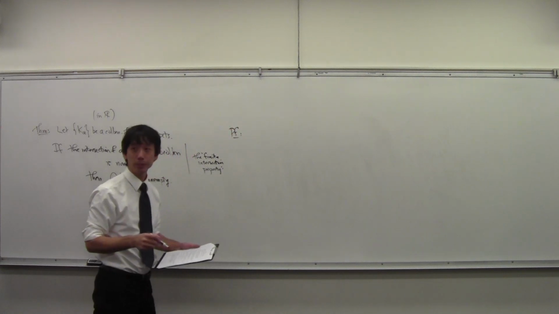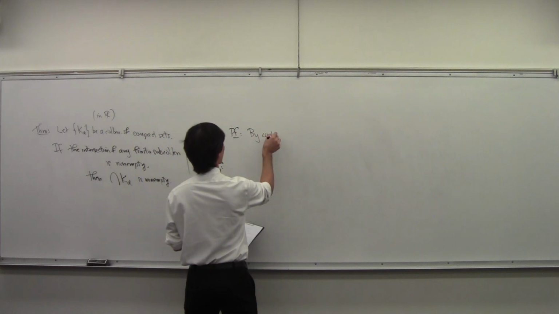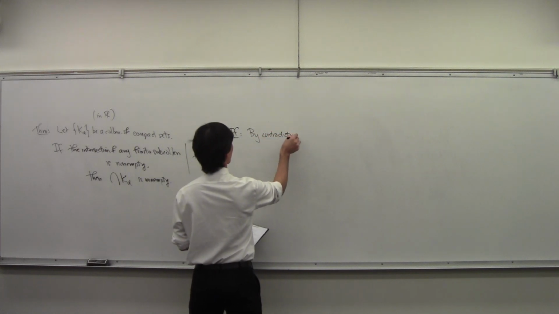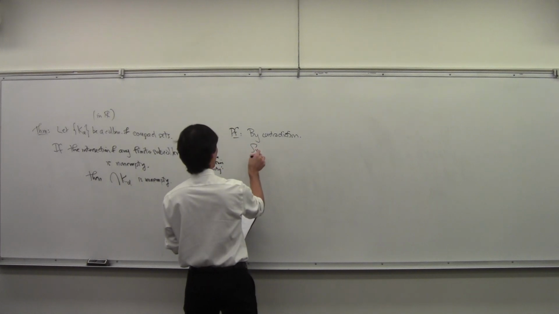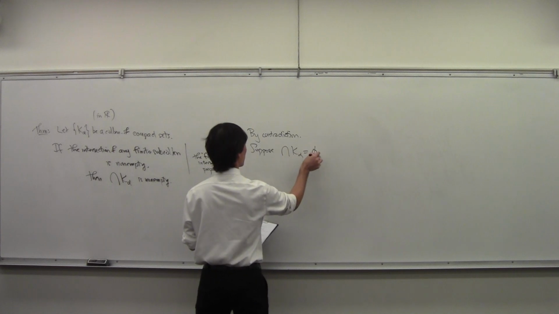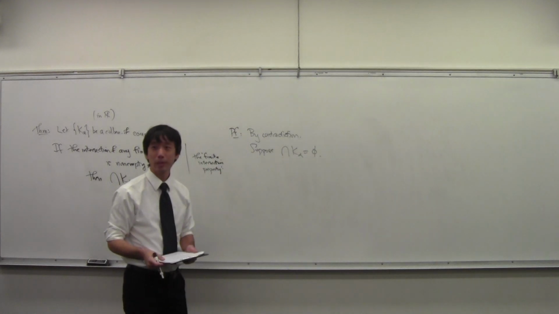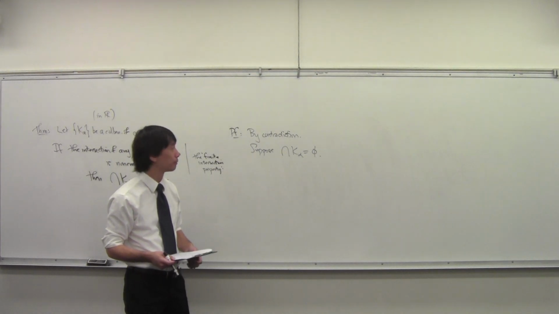We're going to do this proof by contradiction. Suppose that the intersection of all of them is empty.